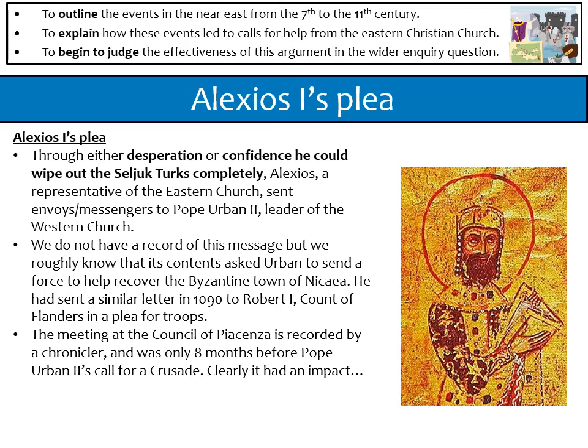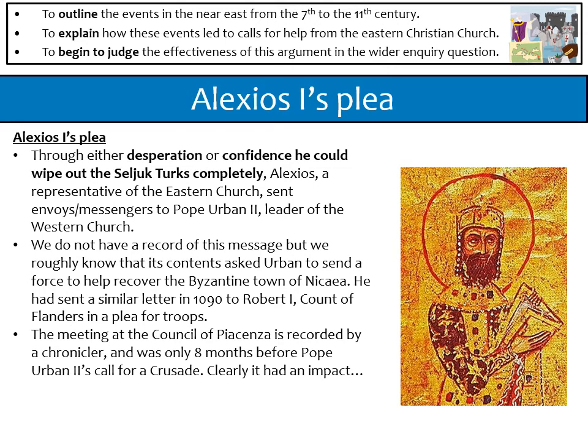Now, this meeting that takes place between these envoys and Urban II isn't completely clear, but we do have a chronicler who wrote just after this, who may or may not have been present. And this meeting is called the Council of Piacenza.